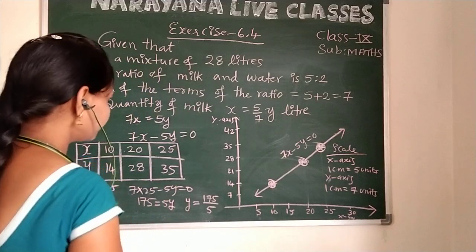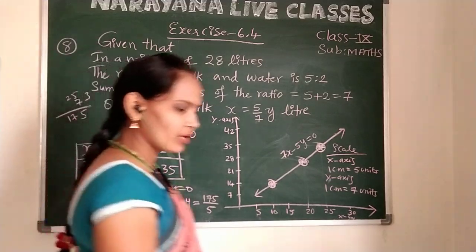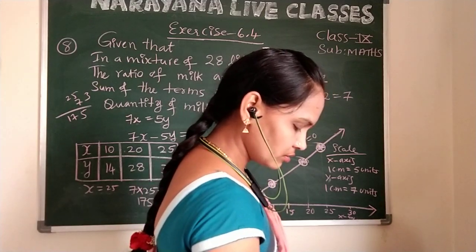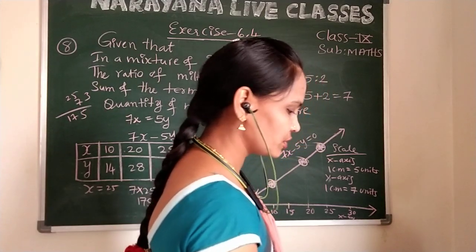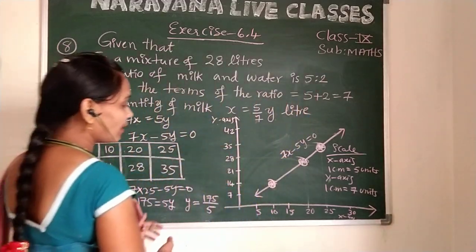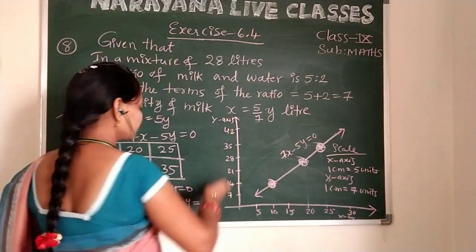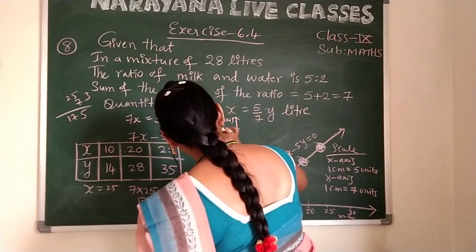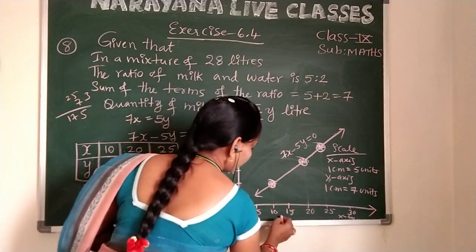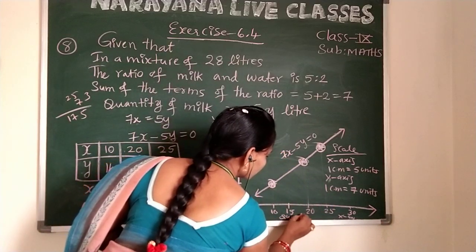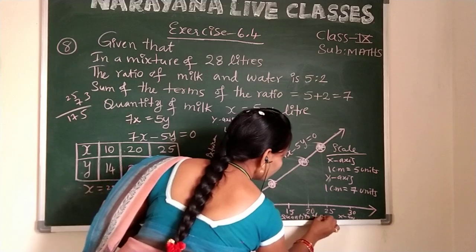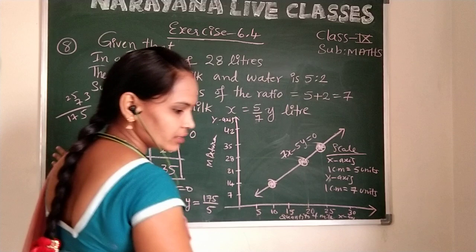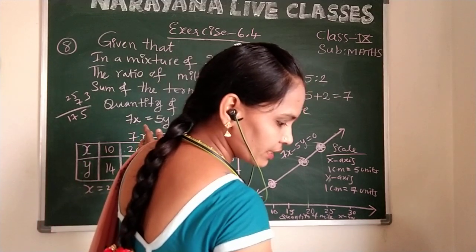Now from the graph we need to find the quantity of milk in the mixture. This is the mixture on the y-axis, and this is the quantity of milk on the x-axis.